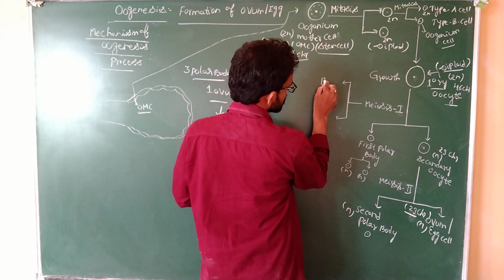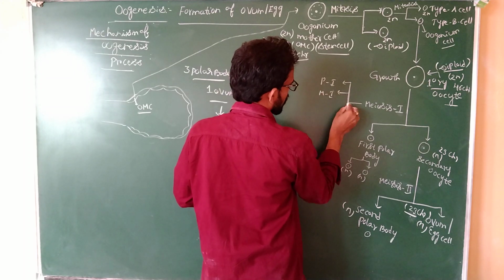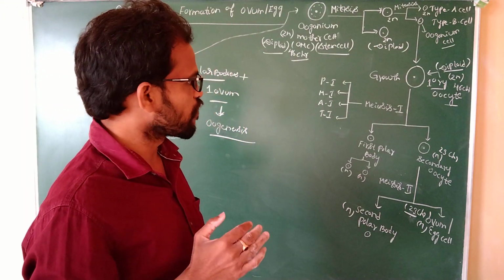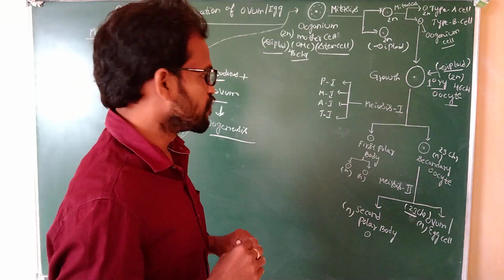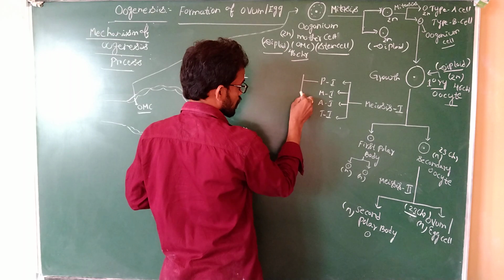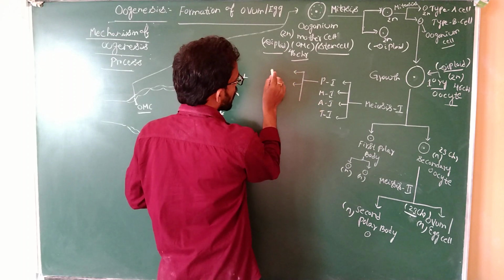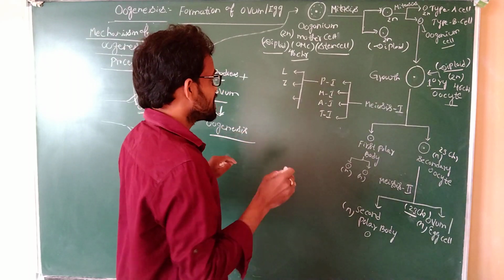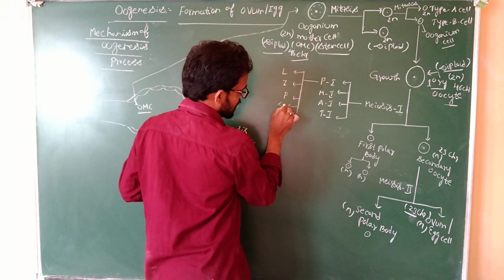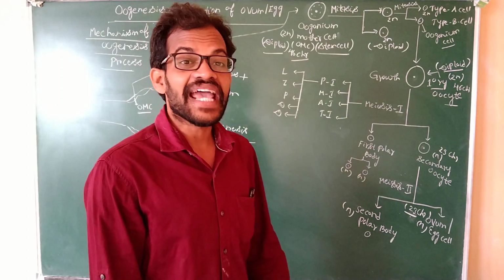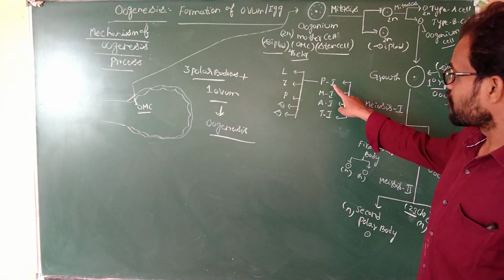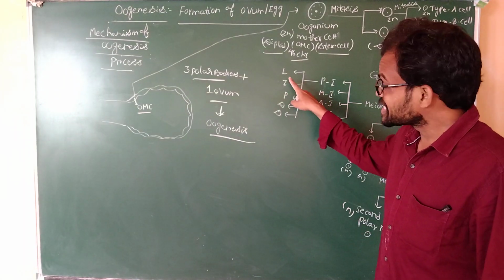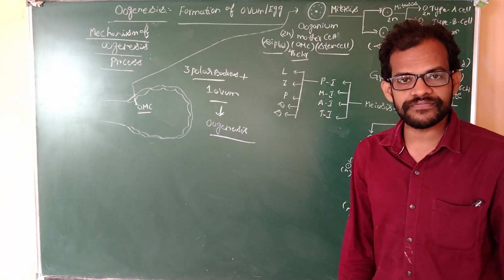Meiosis 1 is divided into four phases: prophase 1, metaphase 1, anaphase 1, telophase 1. The prophase again divides into leptotene, zygotene, pachytene, diplotene, and diakinesis.